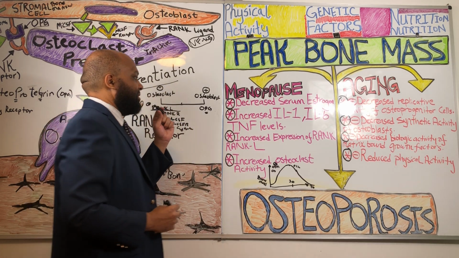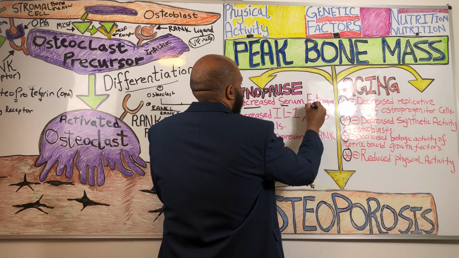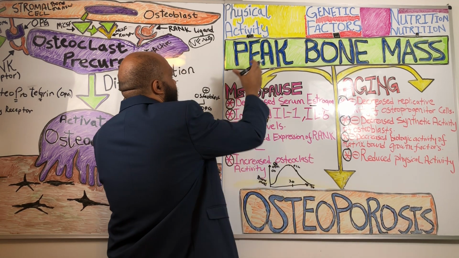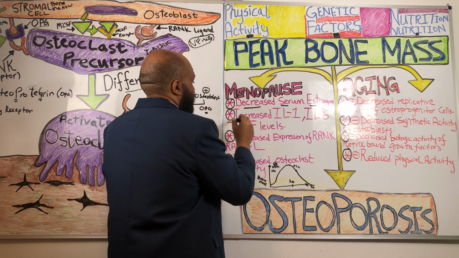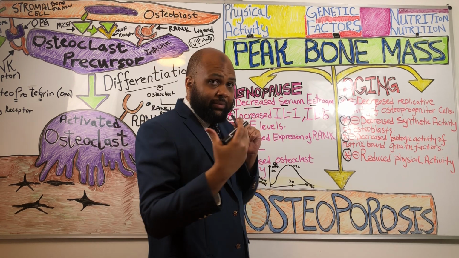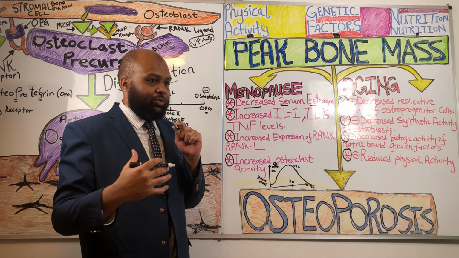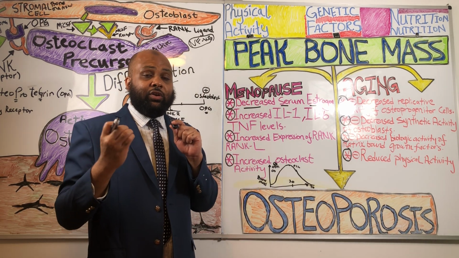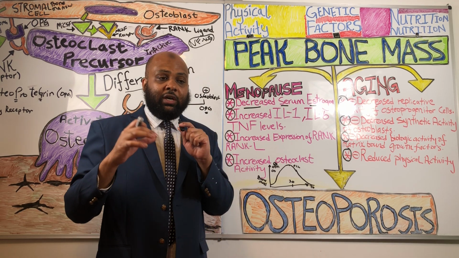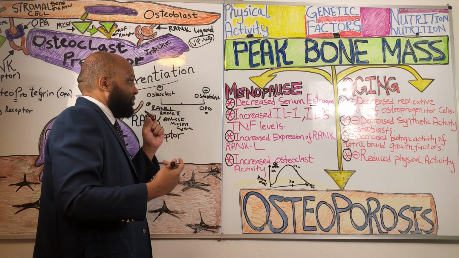So what happens in menopause is a decreased serum estrogen, and that lowers the peak bone mass. That drop in estrogen is actually a state of inflammation. When estrogen drops, that triggers the turning from off to on of an inflammatory state in the body of the female undergoing menopause.